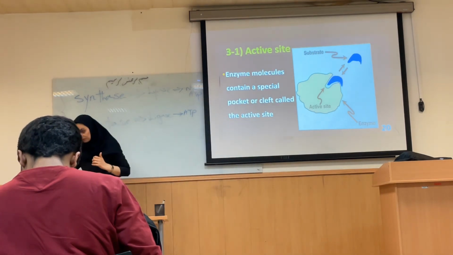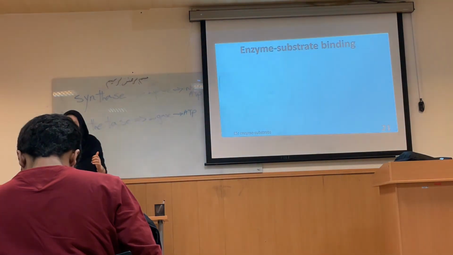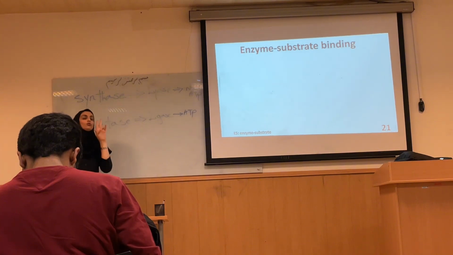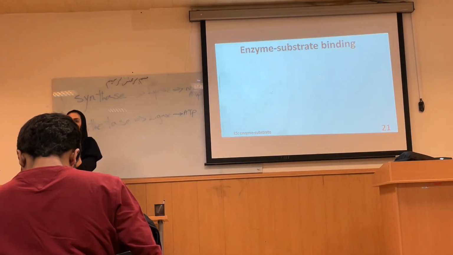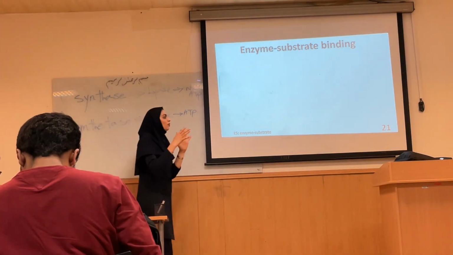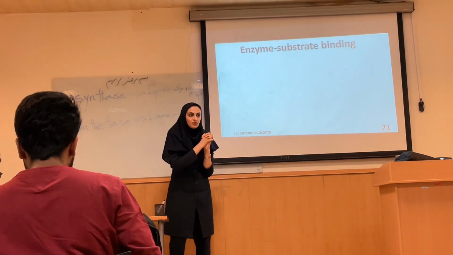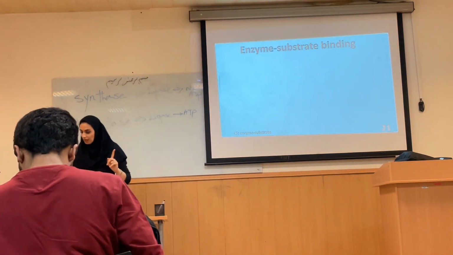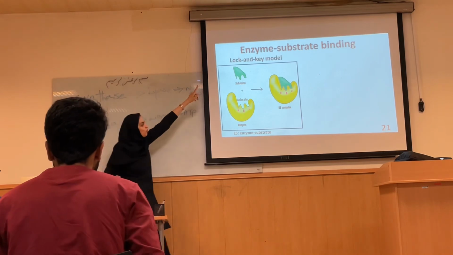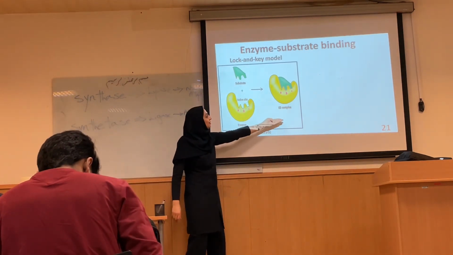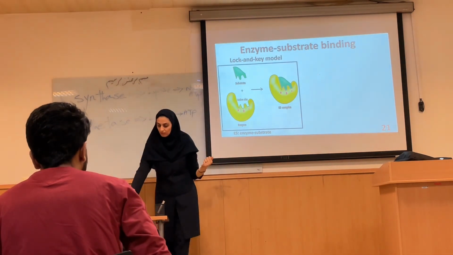There are different models that I want to tell you. At first, guys, there are two different models for the mechanism of action of the active site. One of them is the lock and key model. What does it say?